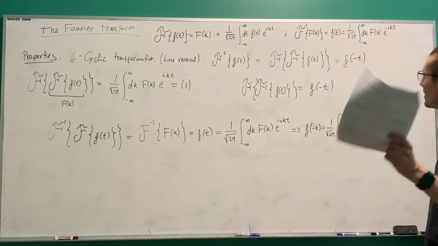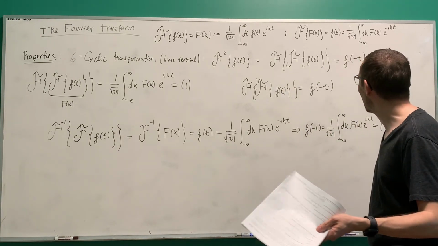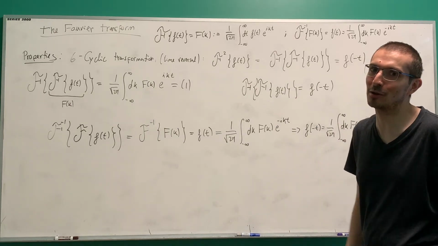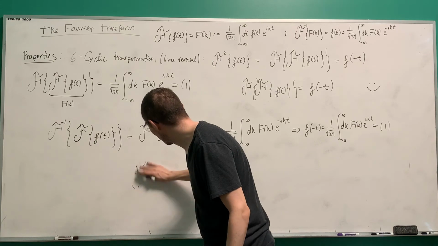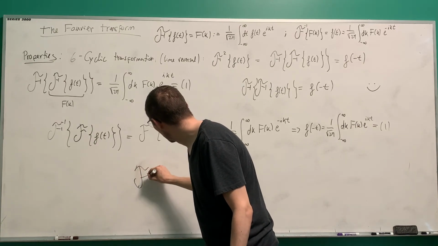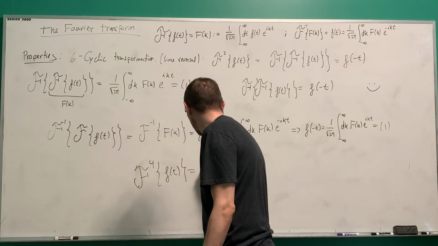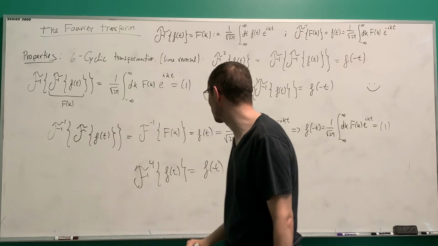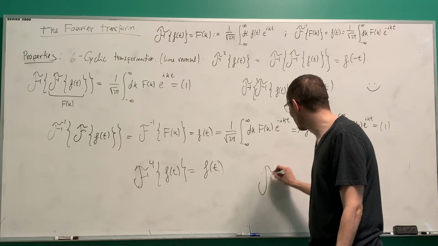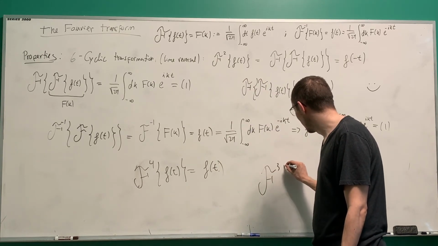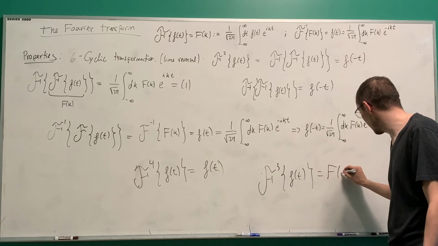Now, one nice thing to realize is that if I do the Fourier transform twice, I get the same function but time reversed. If I do it 4 times, then I do get the same function because I do 2 time reversals. Right? And if I were to do it 3 times, it gets me f of minus k.